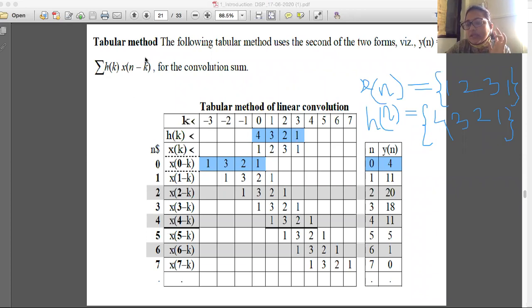So folding and shifting operations are performed on the input sequence. The formula for the convolution by the tabular method is h of n into x of n minus k.